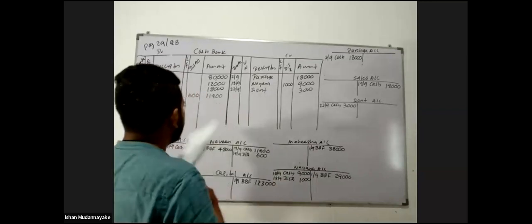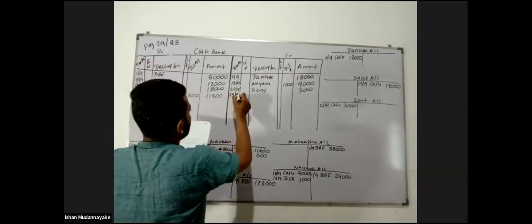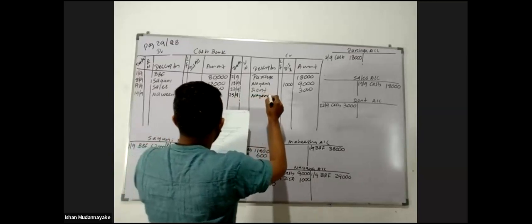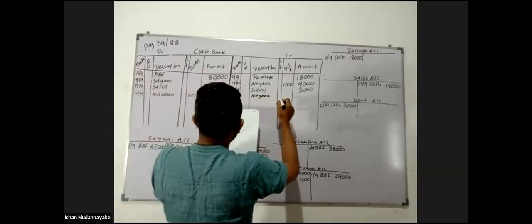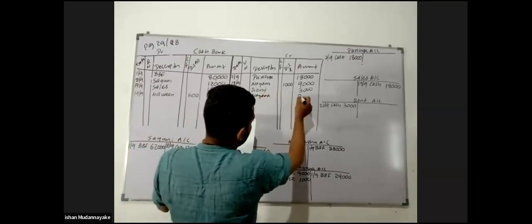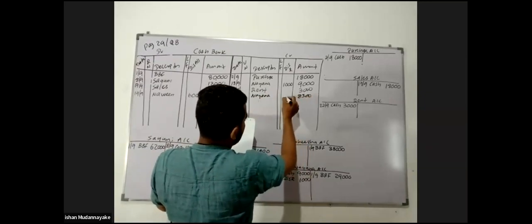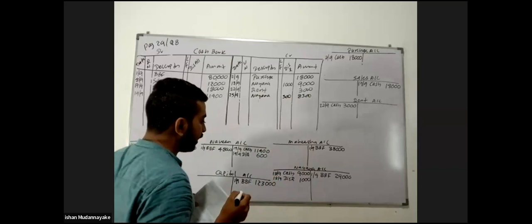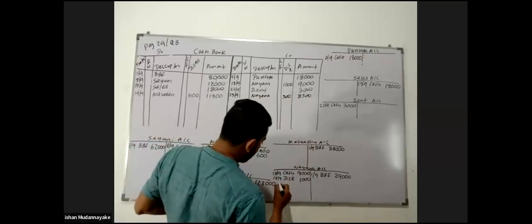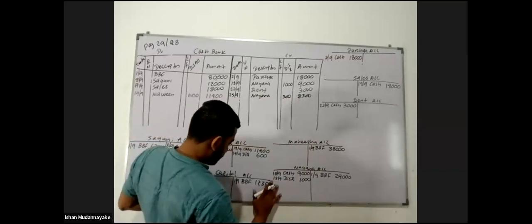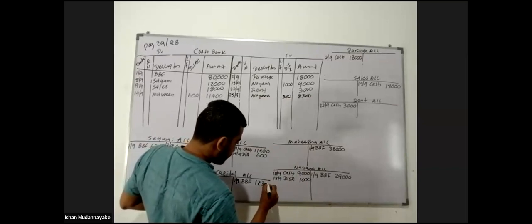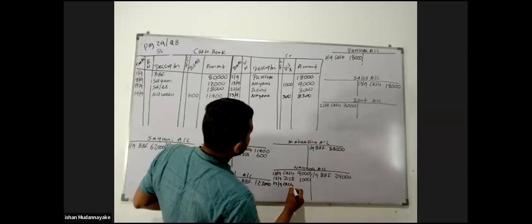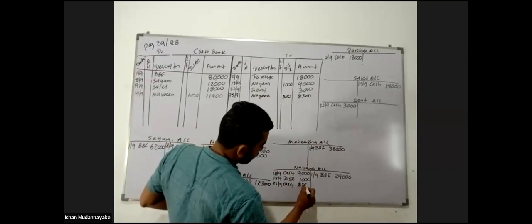25th September, Nine. Then the amount paid: when Nine was settled, the amount paid was 8,500. Discount received amount 500. Cash book credit, Nine account debit. 25th September, cash 8,500.